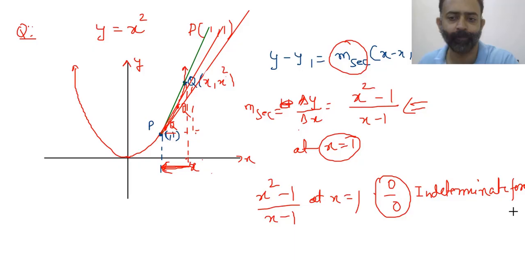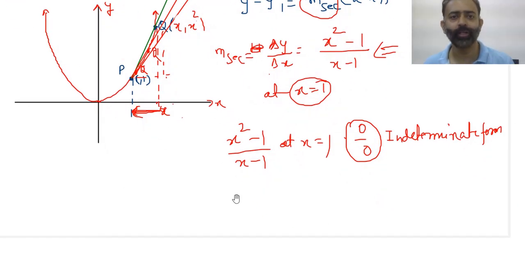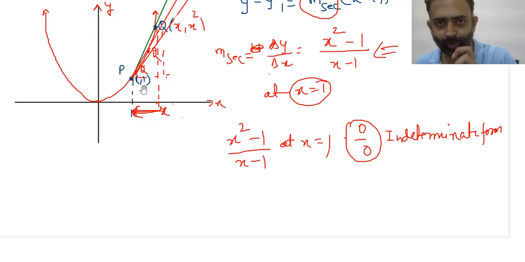So at x equal to 1, we do not know the actual value of the function, but using some concepts of algebra, we can find to what value this expression will approach as we move closer to point 1. This is our basic intuitive idea: moving point Q closer enough to point P, meaning moving closer to the coordinate x equal to 1, not exactly equal to 1.